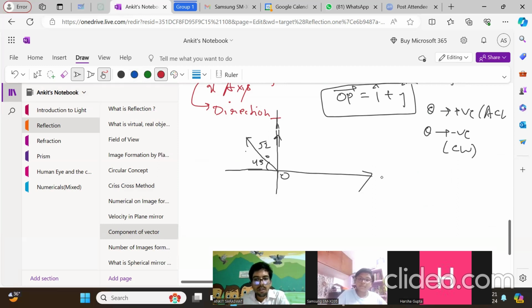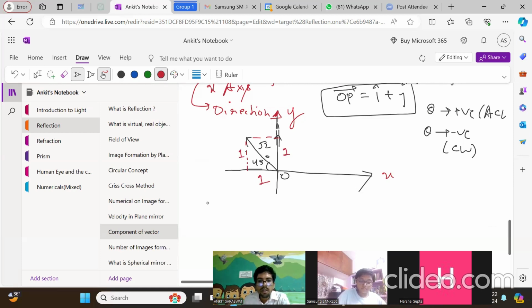Very good. This is X. This is Y. Now see, if horizontal component, just drop a perpendicular on the x-axis. Just now forget minus and plus here. This is 1, this is 1. Clear? Yes, sir.